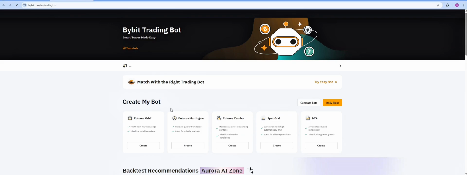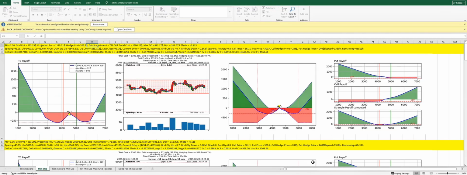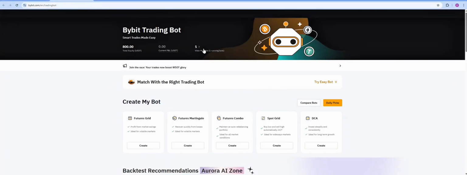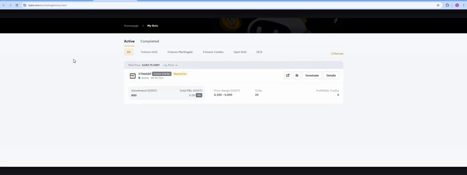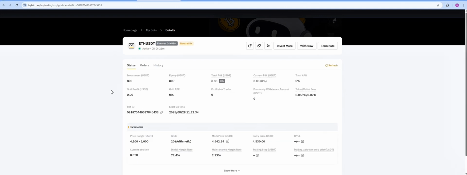So on Bybit, the actual numbers you have to put in to get this trading bot with this specification are going to be a little bit different. So let me show you what numbers I've got on Bybit if you wanted to run this on Bybit, which is where I do run it. If I go on details, I've actually had to use slightly more money, so it's 800 rather than 770.